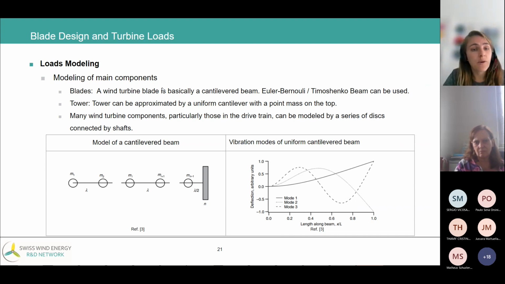The tower, the same way. You can also model the tower as a beam, but with a mass on the top. The mass will include the rotor mass, but also the generator and all the things that are inside the nacelle. The other components you usually model as an inertia.